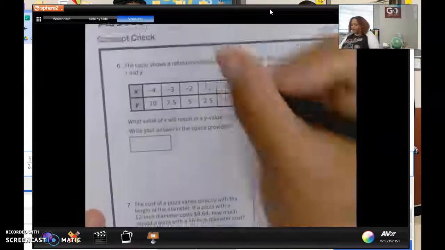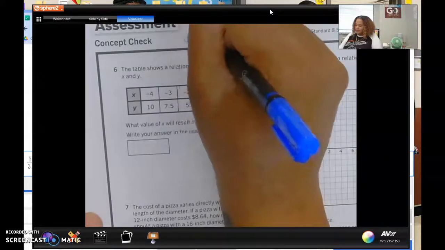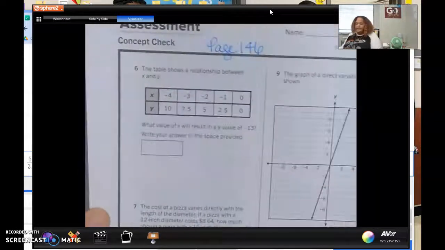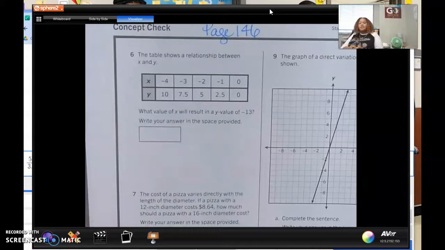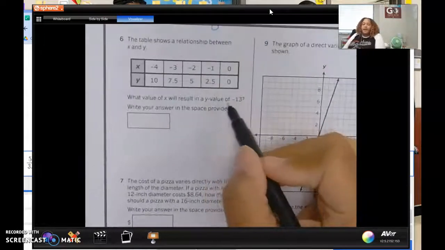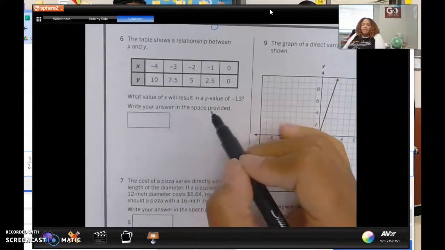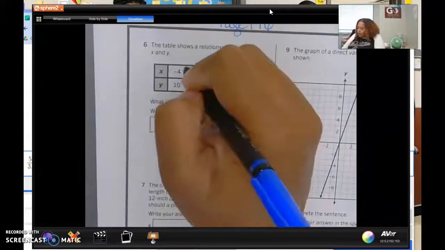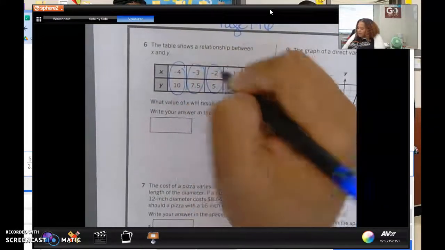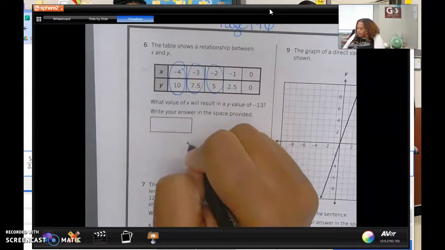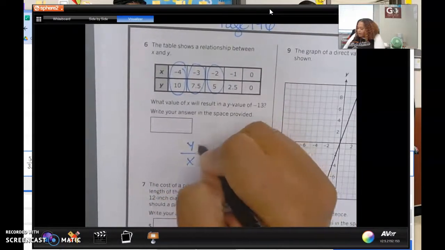All right, page 146. It says the table shows a relationship between x and y. What value of x will result in a y value of negative 13? Write your answer in the space provided. So what's the relationship here? I'm doing y over x.